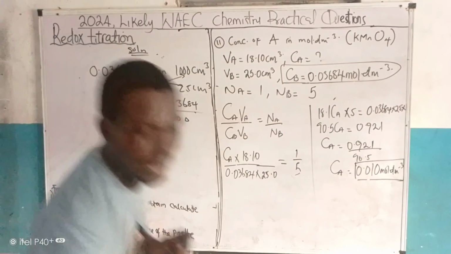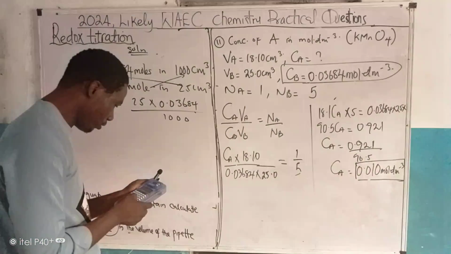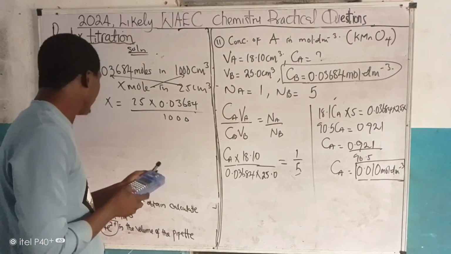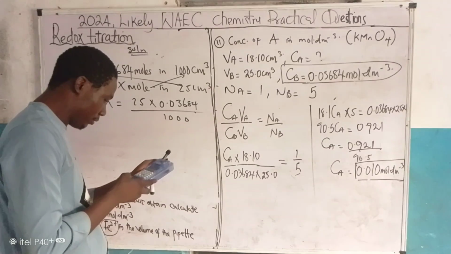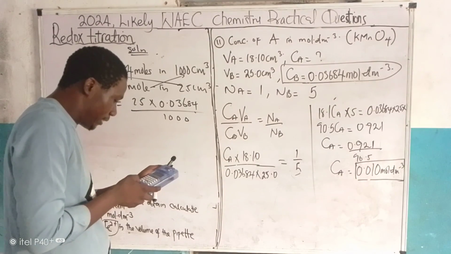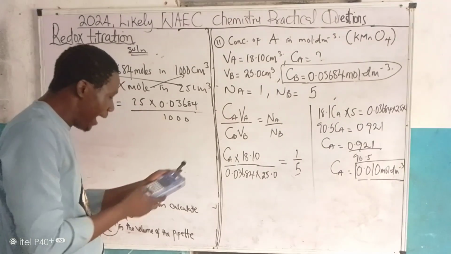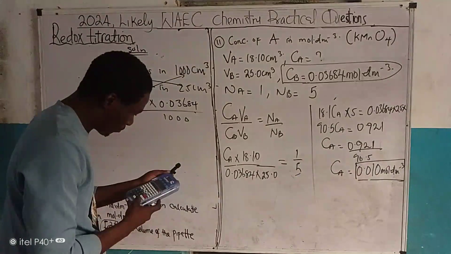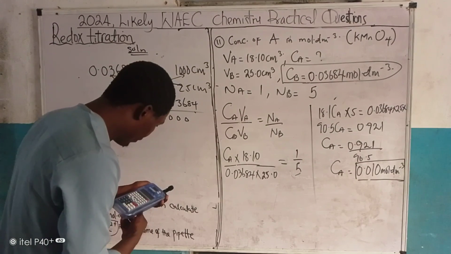So let's do this quickly. 25 times 0.03684 divided by 1000.